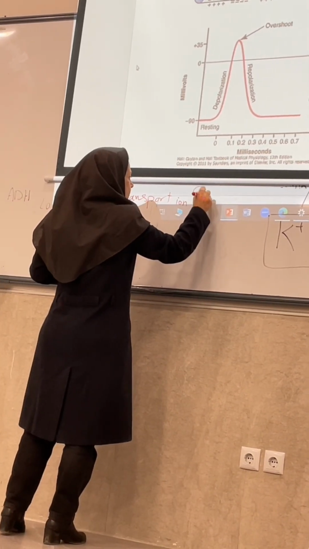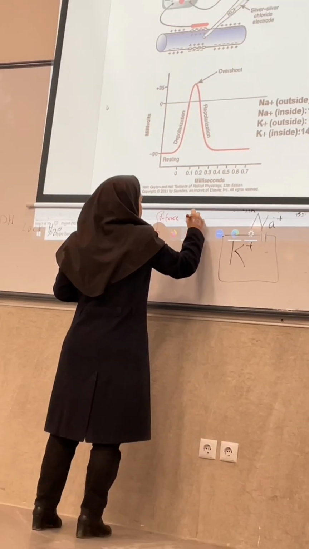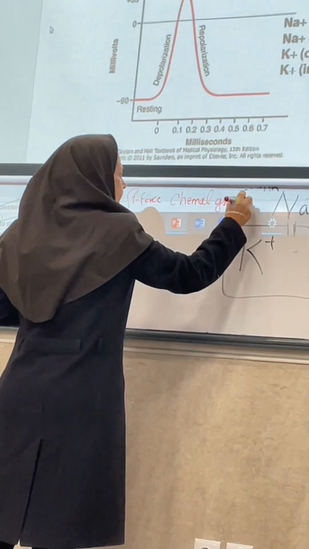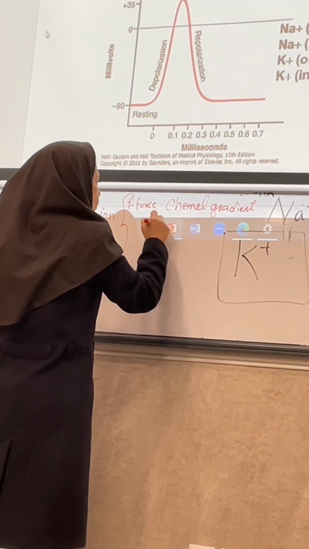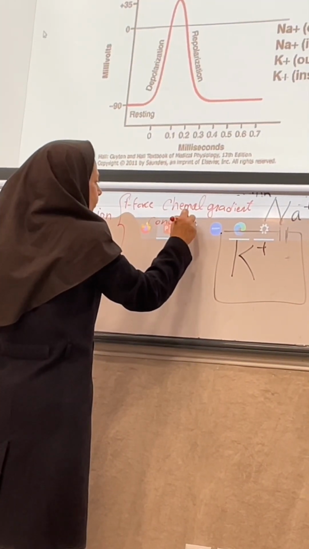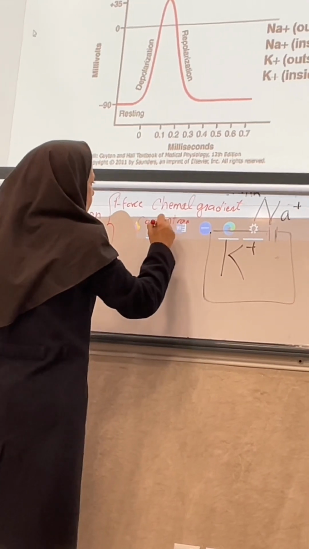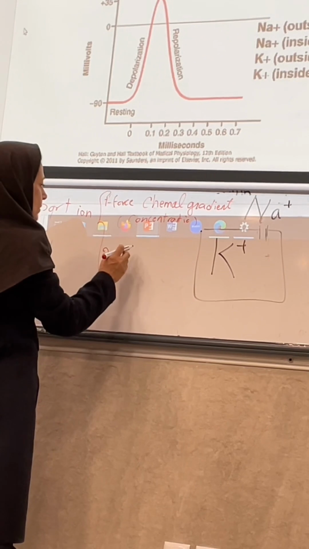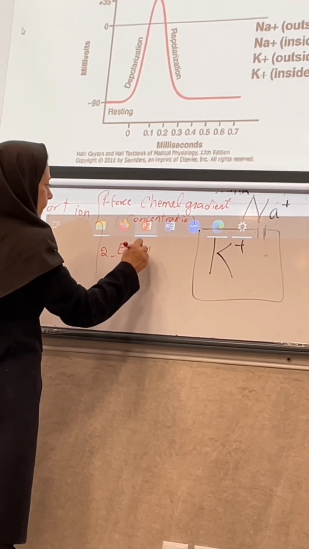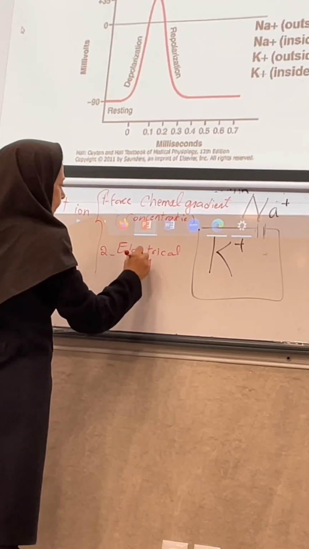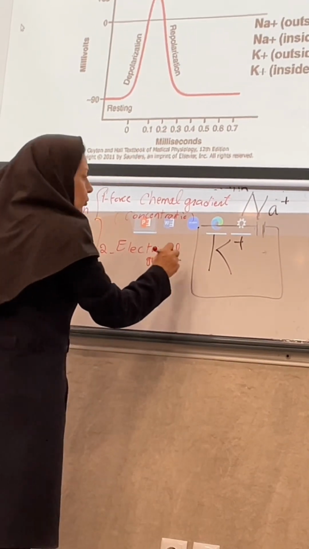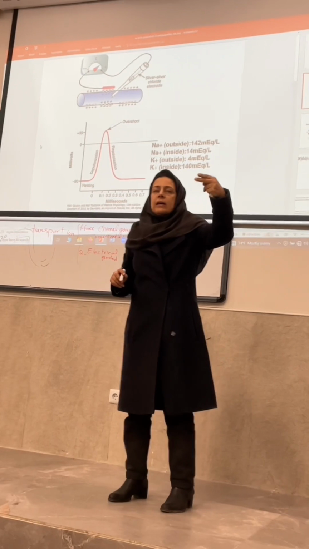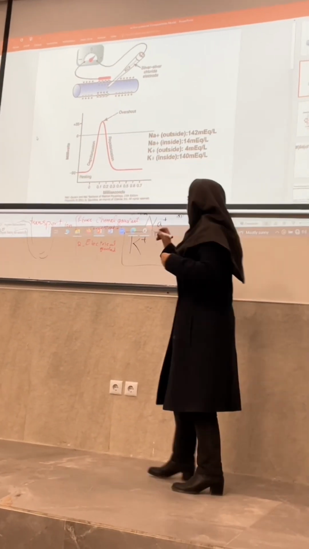One force, we call it chemical gradient. Gradient means force, okay? It's according to concentration. Which part is more concentrated? And the second force is electrical.